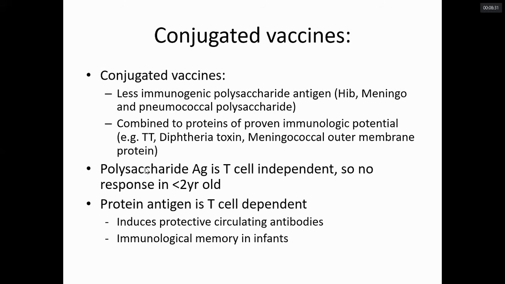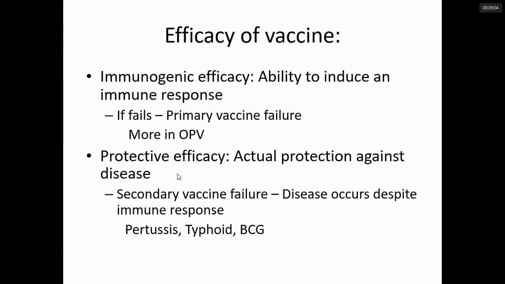So they are not given in children less than 2 years of age, as they are not efficient in children less than 2 years. When capsular polysaccharide vaccines are conjugated with protein, it increases the immunogenicity of the vaccine. It provides B cell and T cell immunogenicity. So these are preferred for children less than 2 years. We'll talk about which are the conjugated vaccines later on.